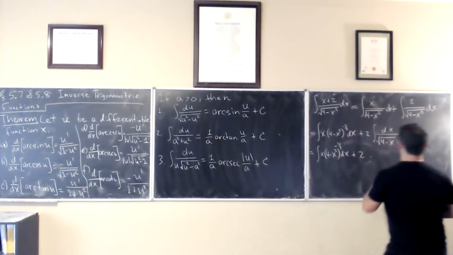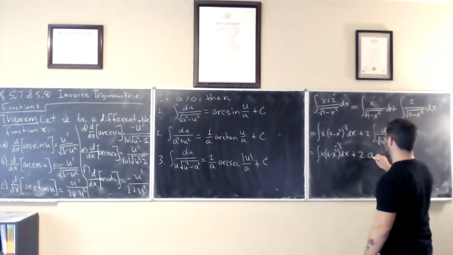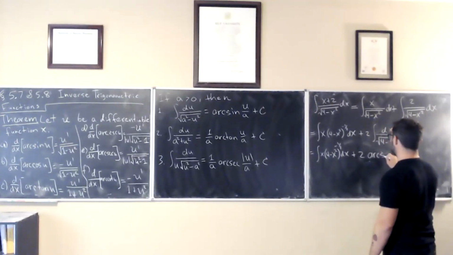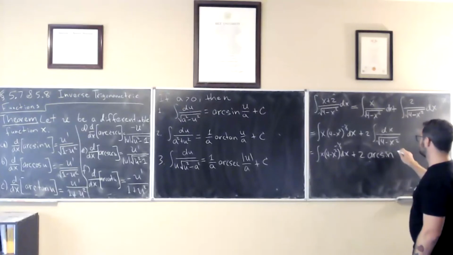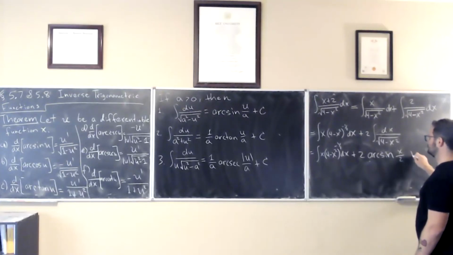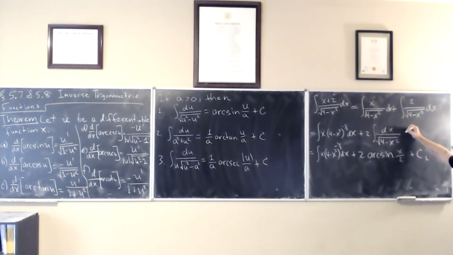So A here is 2, and u is x, so this would be arcsine. U is just x, A is 2, plus C1, a constant for this interval here.